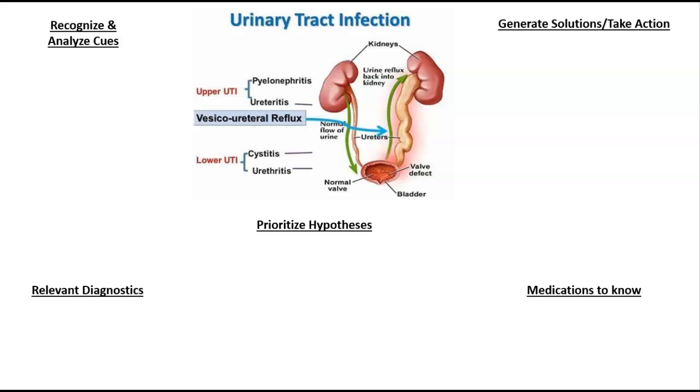Fluconazole, which is used here and there. Pyridium, and glycophosphates. So fluoroquinolones we generally use for more complicated UTIs, but you may see them in the others.